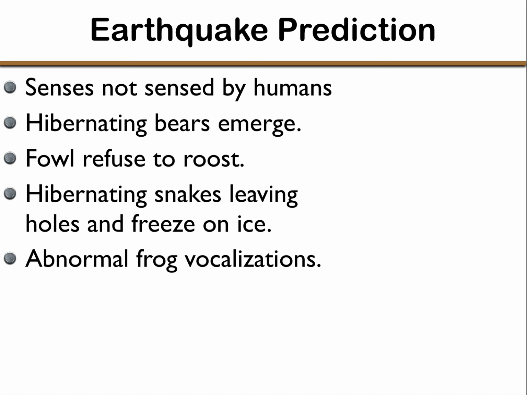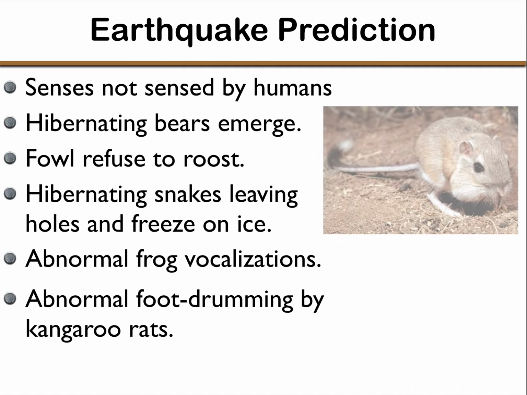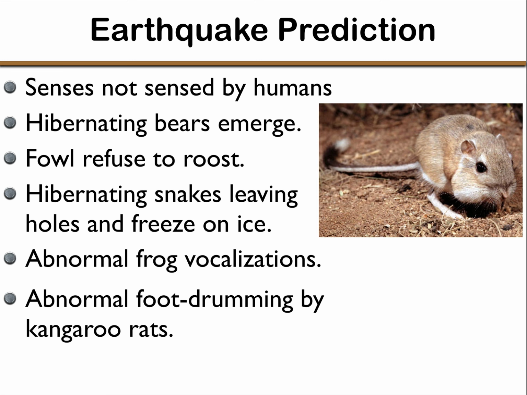Abnormal vocalizations in frogs. Okay, well, not quite like that, but you get the point. Abnormal vocalizations produced by frogs. And then this is particularly interesting, I think. A colleague of mine who works in San Francisco was studying foot drumming behavior in kangaroo rats, which is just a type of normal communication that they use among themselves.